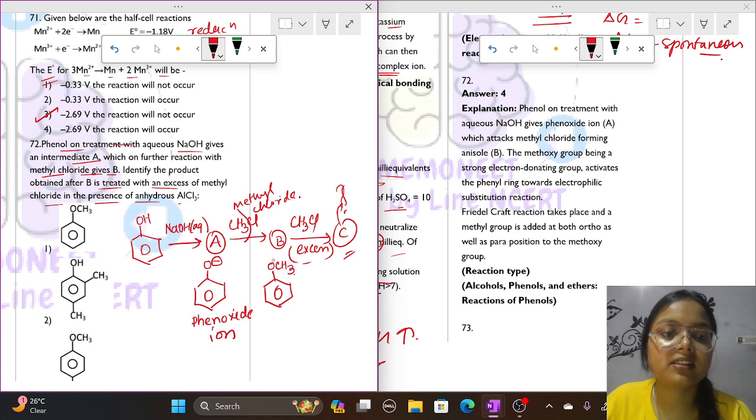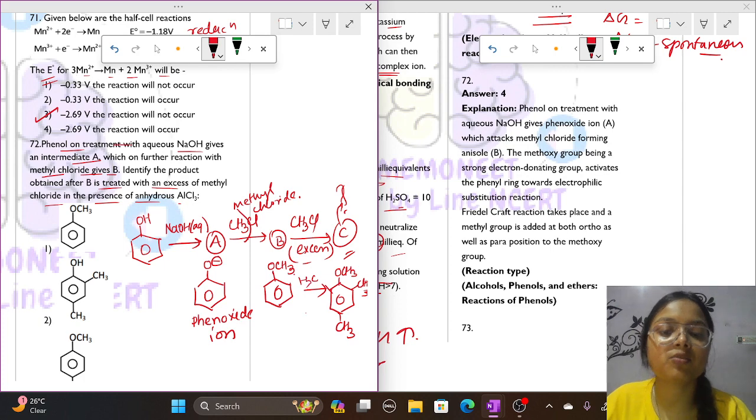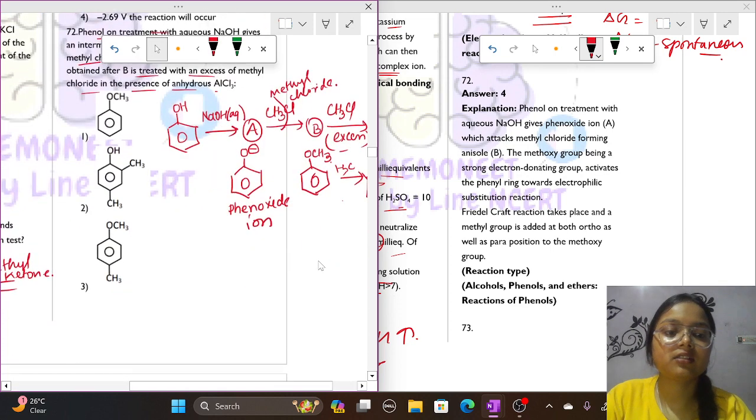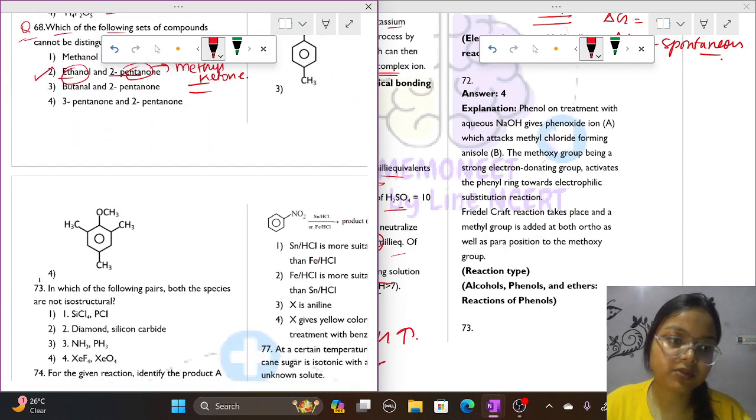Then if excess of methyl chloride is used, it will form OCH3 and the CH3 will get attached to both the ortho and the para position of this molecule. So this type of structure we will get. Option number 4 is the correct option for this question.